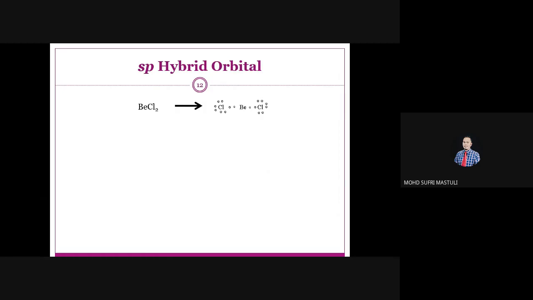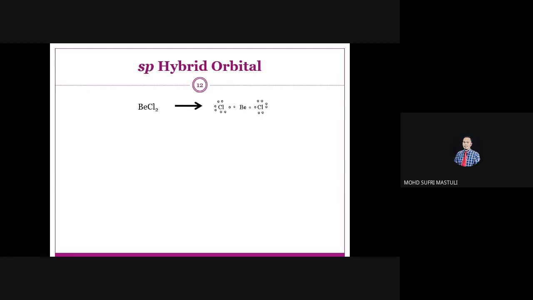After you complete the electronic configuration, you identify the valence electrons. Then you can draw the energy orbital diagram of valence electrons. So we will go one by one through the energy diagram of valence electrons for all the hybrid orbitals.